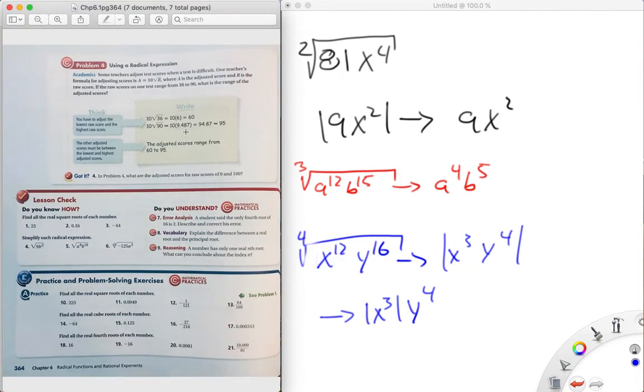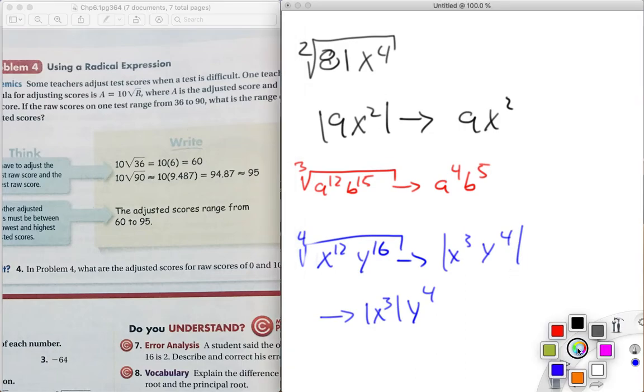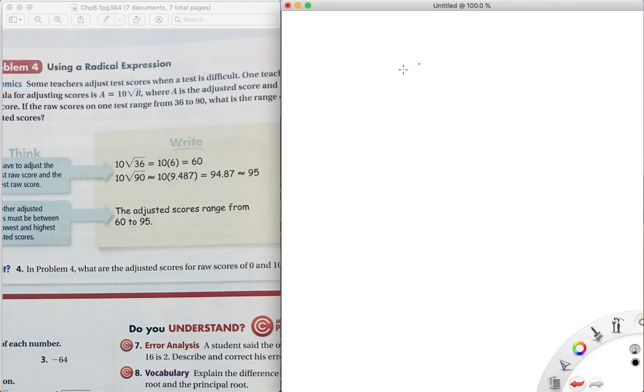Okay, I actually like this problem. This is a nice way to curve your test, if a teacher wanted to curve some scores. This would be an excellent way to do it.